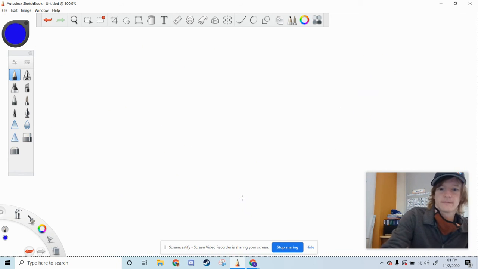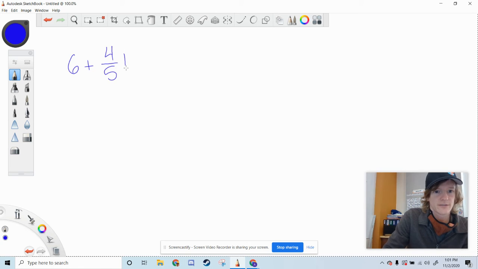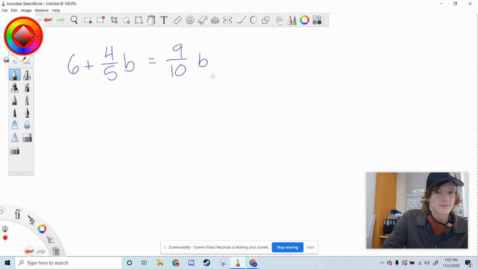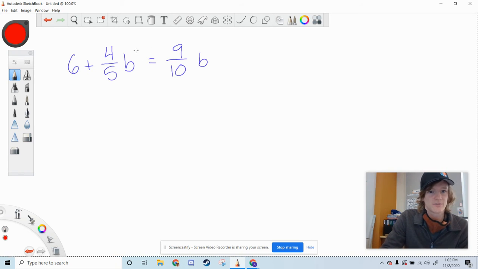Next one. Last one with fractions here. I have 6 plus 4/5 b equals 9/10 b. Looking at our denominator, we're going to need to multiply by 10, because I can make 10 with 5 and I can make 10 with 10. I don't have anything else on the right side of this problem, so it's going to be slightly easier than our last ones probably.